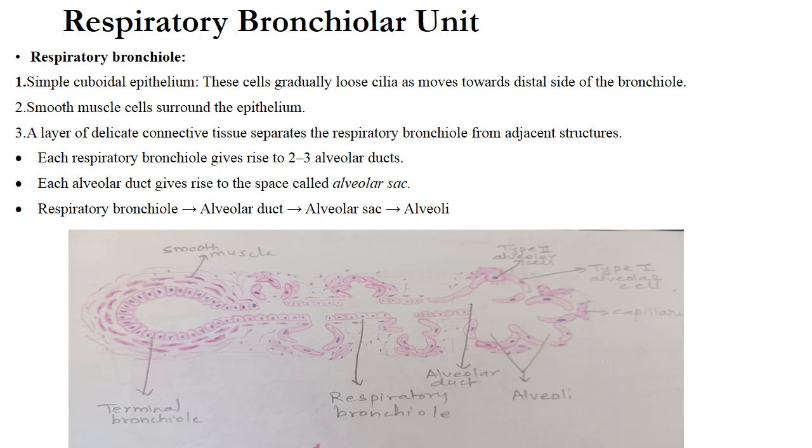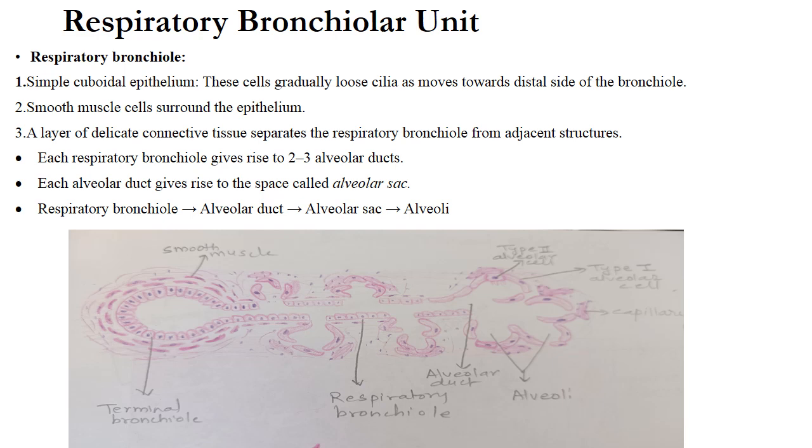Thus, the respiratory bronchiole is formed by simple cuboidal epithelium followed by a layer of smooth muscle cells, and it is covered on its exterior by a delicate layer of connective tissue. The respiratory bronchiole then gives rise to 2 to 3 alveolar ducts.